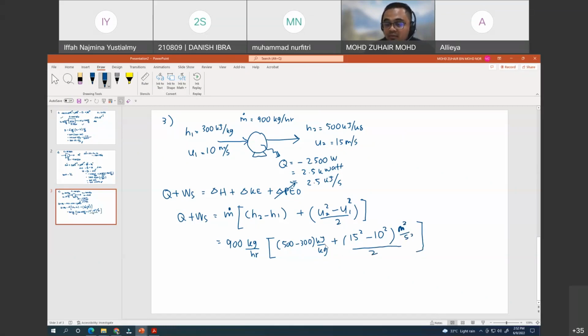Because we have different units. This one is kilojoule per kg, and this one is meter squared over second squared. So this is where we have to do some calculation in order to change the unit. If you notice, kg m squared per s squared is equal to joule, so m squared per s squared is equal to joule per kg.